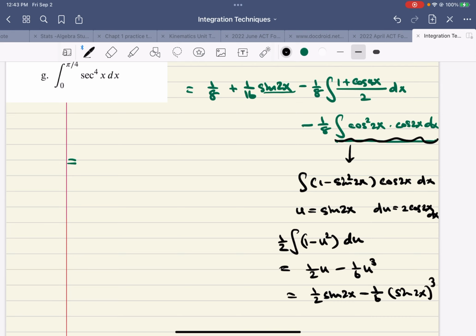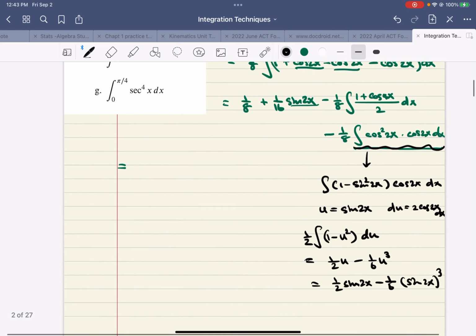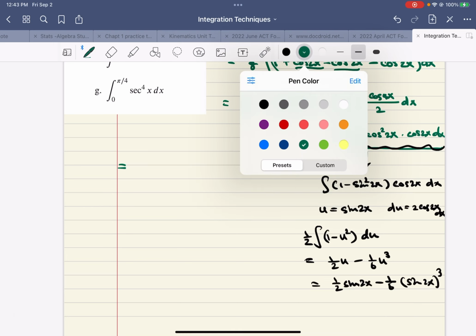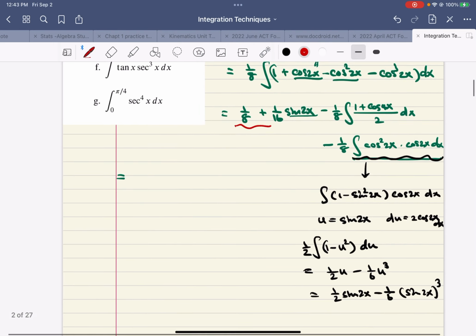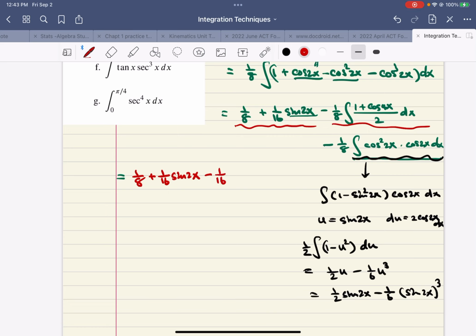Okay, so I'm going to substitute now. So I'm going to write from here 1 over 8 plus 1 over 16 sine 2x. Now this portion here minus 1 over 16 1 plus cosine 4x dx.